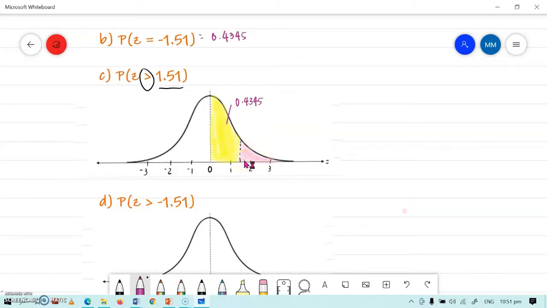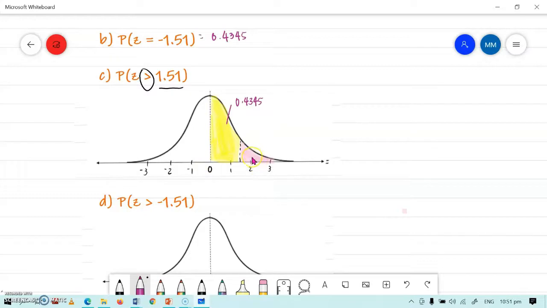So how do we do that? Let us remember that the total area under the curve is 1. If the entire region under the curve is shaded, then that area is equal to 1. So meaning to say, dear class, since 0 divides our curve into two equal parts because this determines the axis of symmetry, from 0 to the right is equal to 0.5, and from 0 to the left is also equal to 0.5.